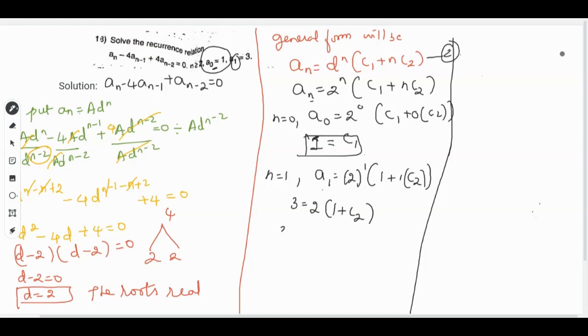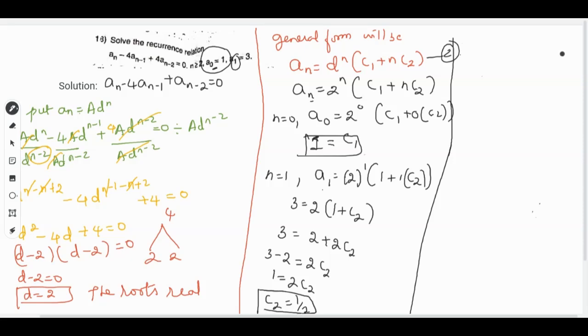If you remove this bracket, it will be 2 into 1 is 2 plus 2 into c2 is 2c2. So 3 minus 2 equals 2c2, so 1 equals 2c2. So c2 will be 1 by 2. The value of c2 is 1 by 2.